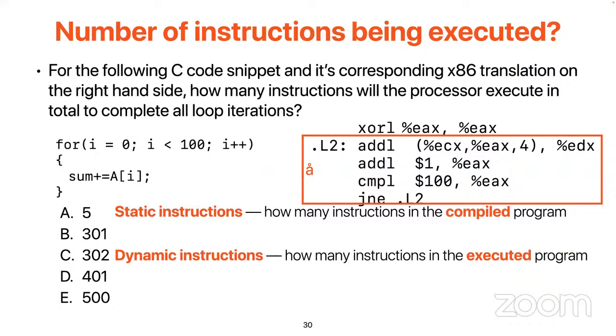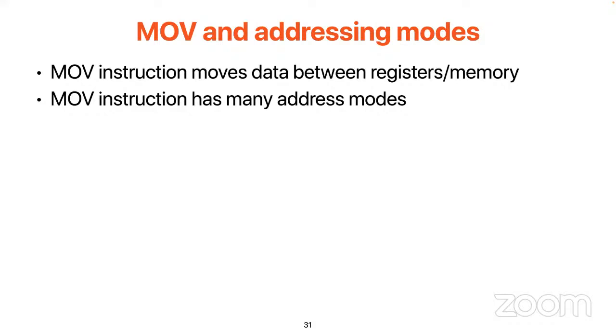But in terms of performance evaluation, we are looking for D. Okay, so this is an x86 instruction example. Some of you asked, for this case, the static count would be 5, right? That is correct. The static instruction, the compiled instruction, count is 5.